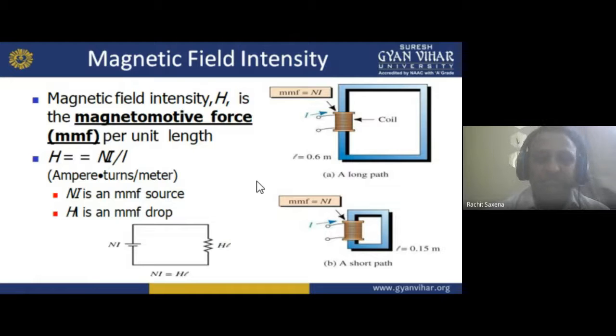So many relations we can derive from this equation. I hope you understand this.